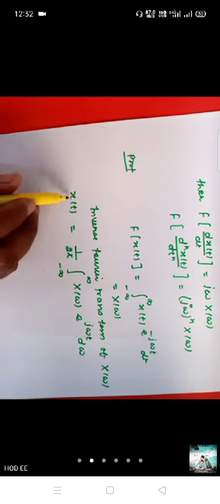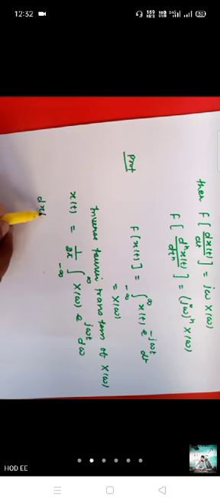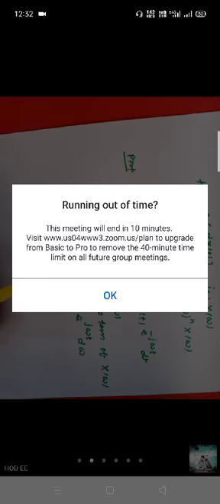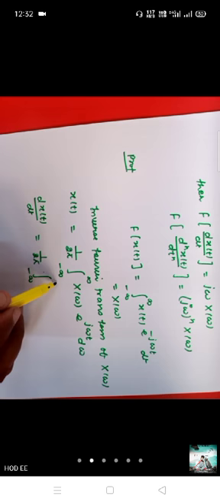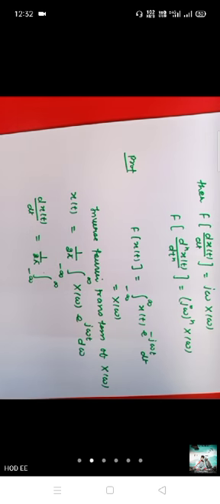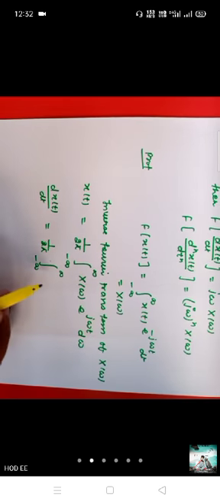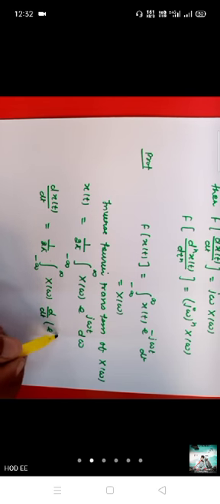So differentiate this x(t) with respect to time, and you will get dx(t)/dt equal to 1 upon 2 pi, the integral from minus infinity to plus infinity. This X(omega) is constant with respect to time because you are differentiating with respect to time. So you are differentiating d/dt of e raised to the power j omega t, and this is d omega.